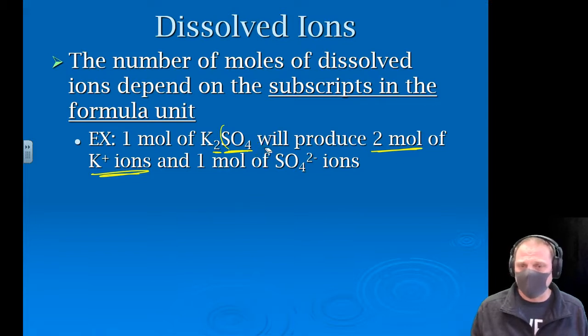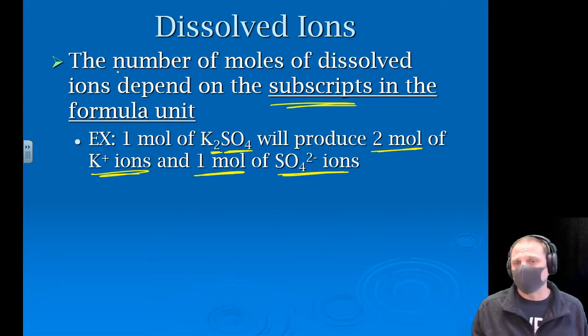No, it doesn't have that. So because it doesn't have a subscript after it, it just indicates that there's 1 mole of the sulfate ions that are combining with 2 moles of the potassium ions.